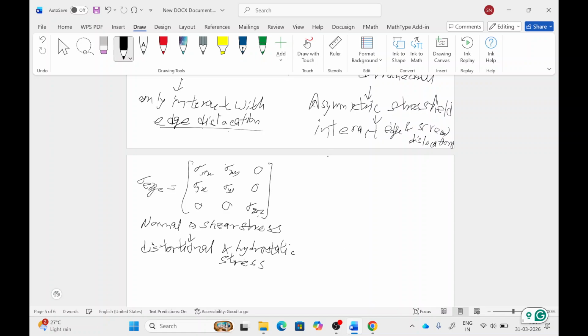For the screw dislocation, in the stress matrix all principal elements are zero, and the shear stress components are only in the YZ and XZ planes. So these are shear components only.